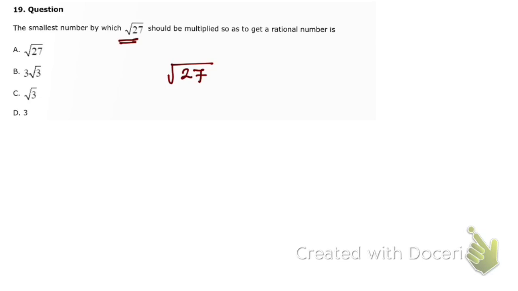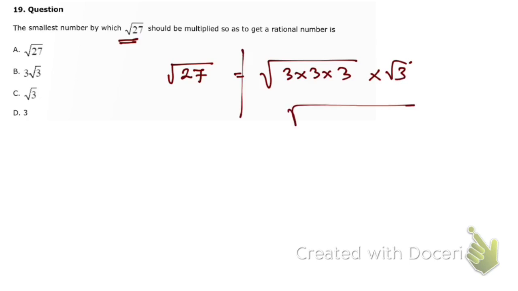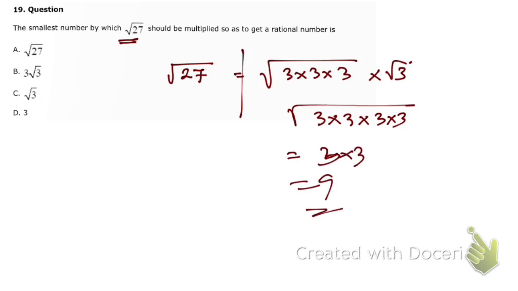Root 27 means root over 3 into 3 into 3. So root 3 is irrational, so to make it rational we need to multiply by root 3. If you multiply root 3 with this, then you're gonna get 3 into 3 into 3 into 3, so then you're gonna get 3 into 3, which is 9, which is rational. So the correct option is root 3.